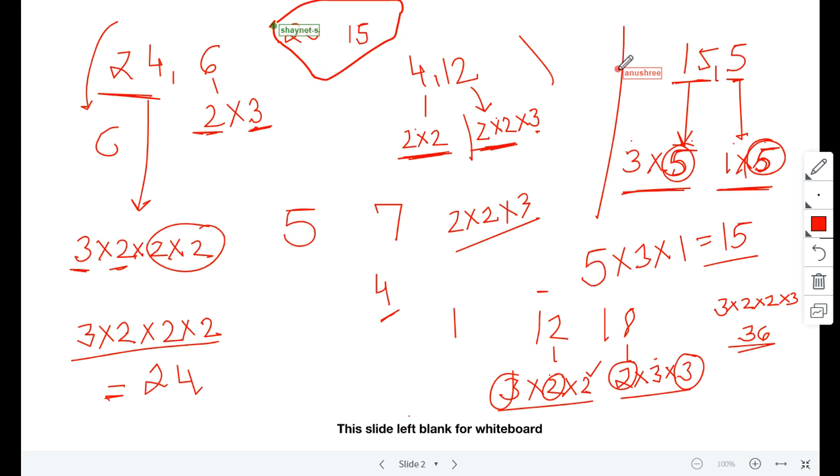Okay, now solve 20 and 15. Calculate LCM of 20 and 15.